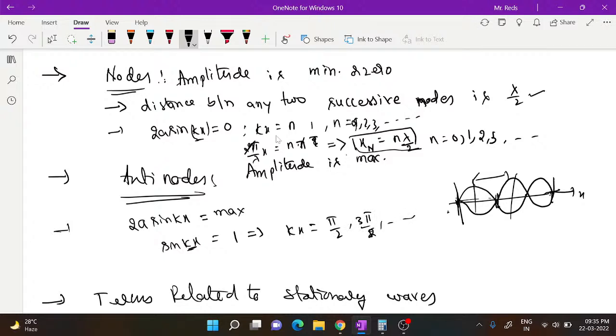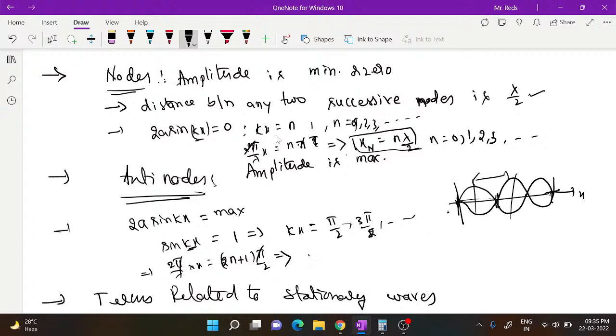That means if we simplify by putting k as 2 pi by lambda, this implies 2 pi by lambda into x is equal to odd multiples of pi by 2. Odd multiples you can take as 2n minus 1 or 2n plus 1. 2n minus 1 means n equal to 1, 2, 3, and 2n plus 1 means n equal to 0, 1, 2, 3 and so on. So 2n plus 1 into pi by 2, where pi gets cancelled.